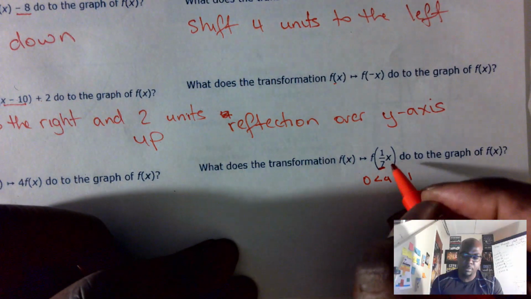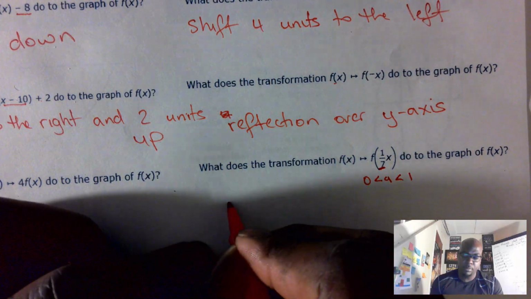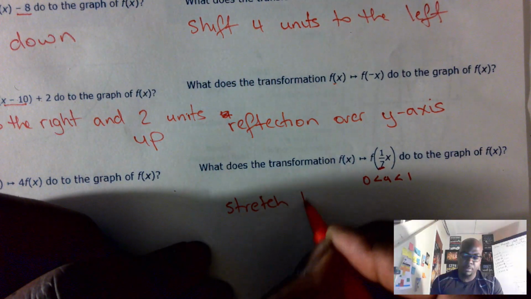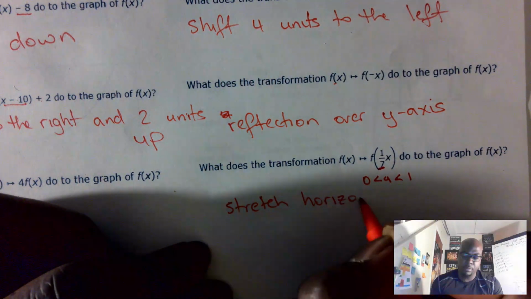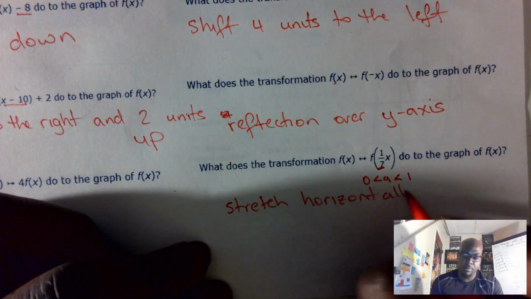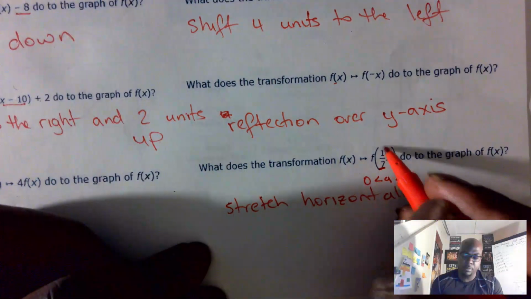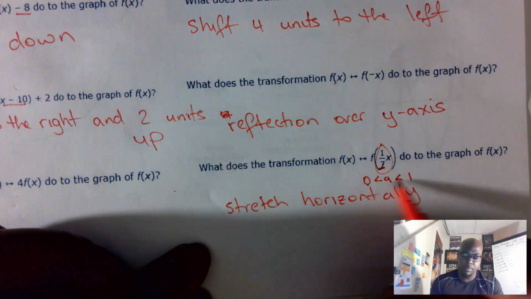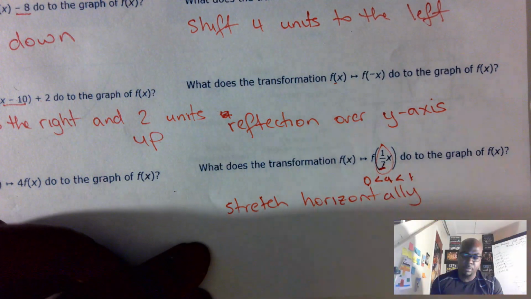So if a falls between 0 and 1, it is being stretched horizontally, because this 1/7 falls between 0 and 1.